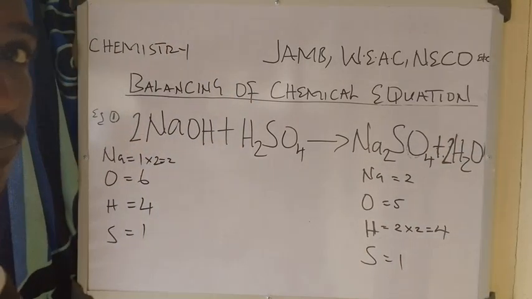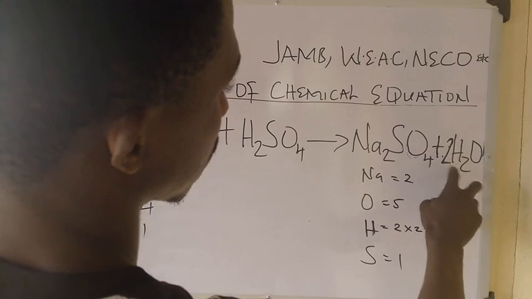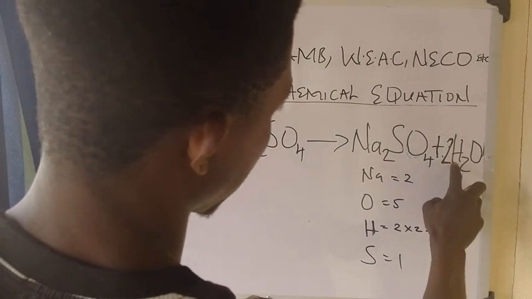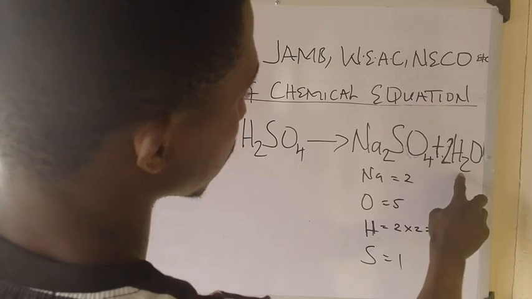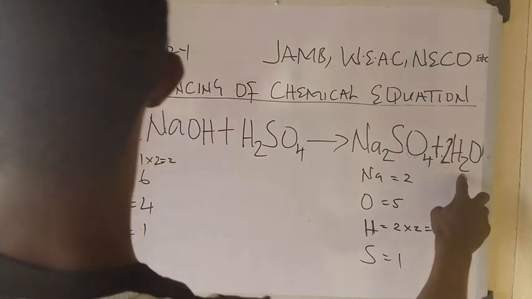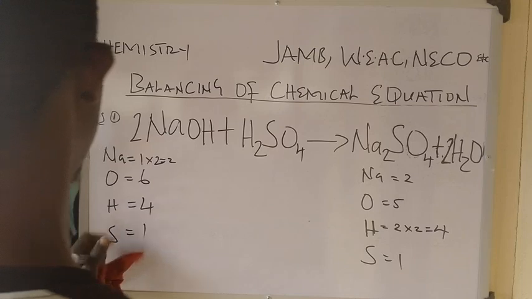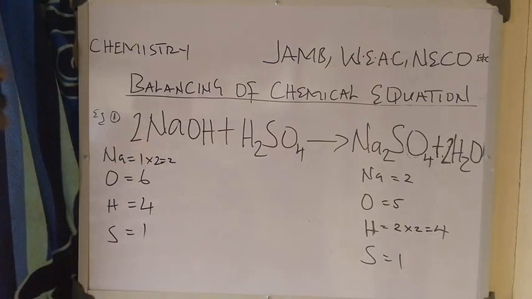So if I add it here, I'm going to be having 2 hydrogen, 2 here. That is, this particular 2 here is multiplying hydrogen and is multiplying oxygen. So I already have 2 atoms of hydrogen here. So if I say 2 times 2, it will give me 4. So can you see that the number of hydrogen is 4 here, and this one too is 4. So it means hydrogen is balanced.